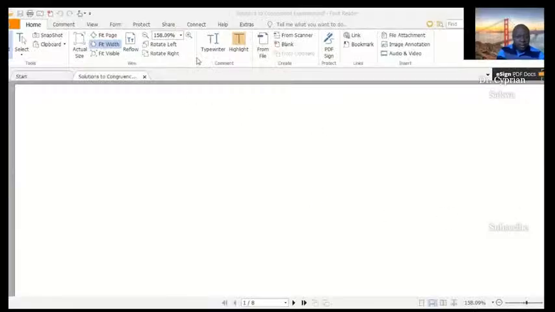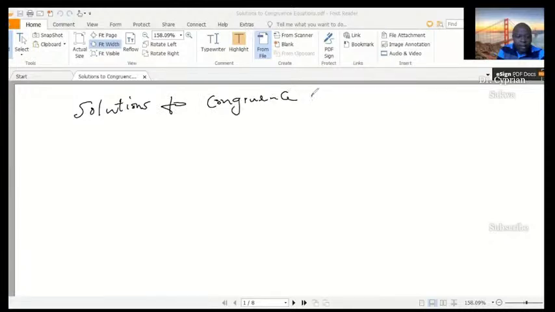So let me just write the subject of our class today: we are finding solutions to congruence equations. So we find solutions to congruence equations.